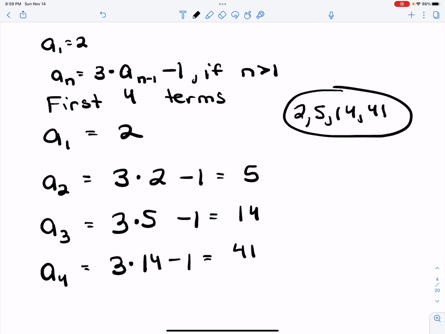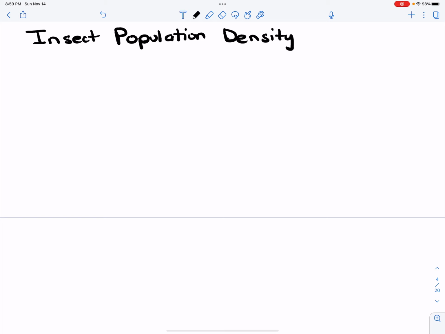Okay, let's look at a little practical example. We have an insect population density. It's in thousands per acre.